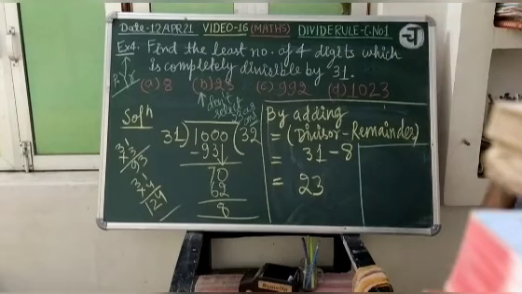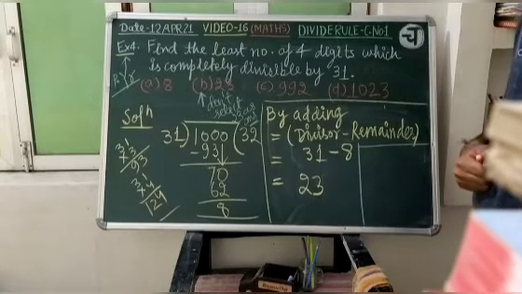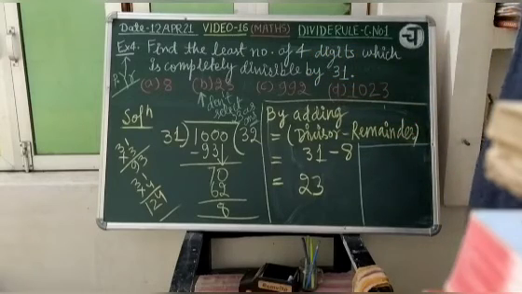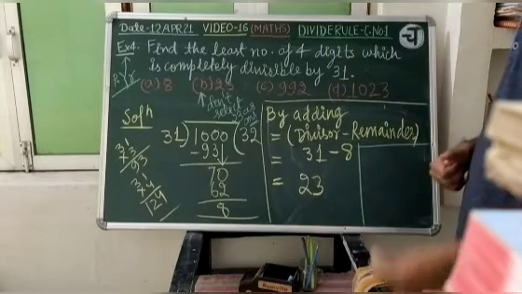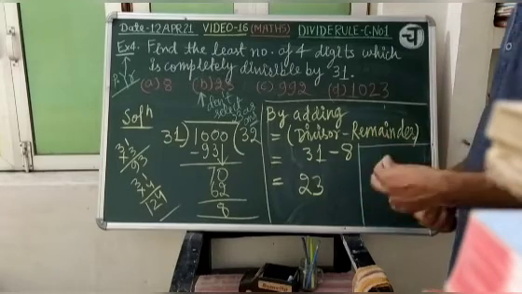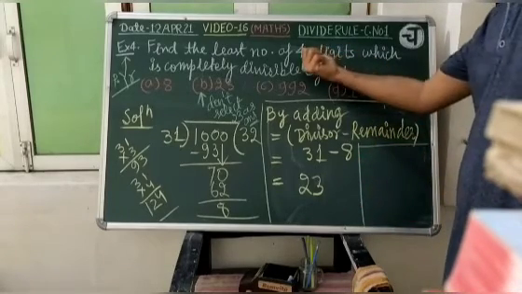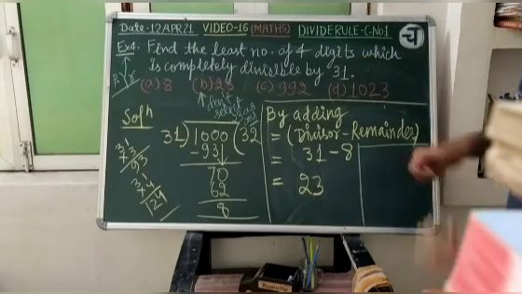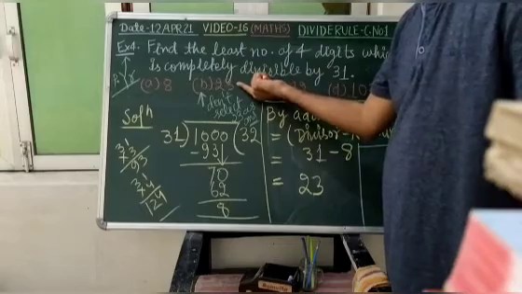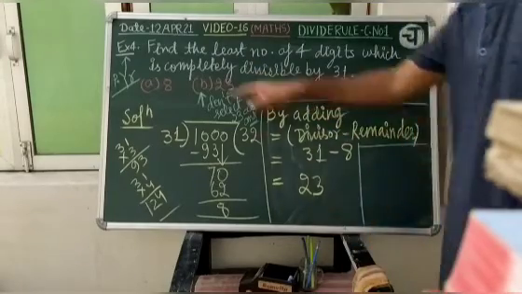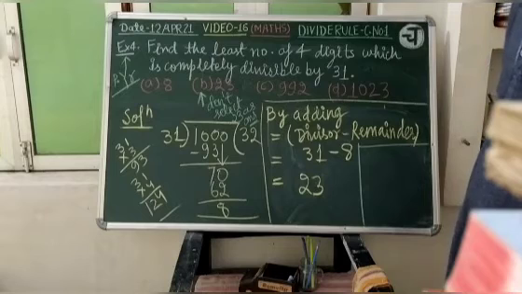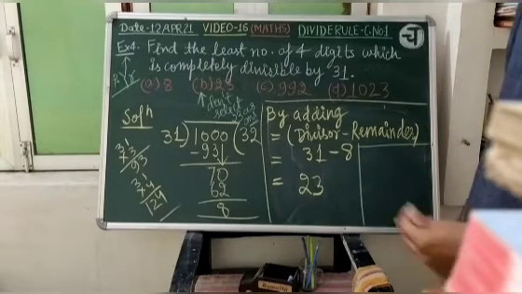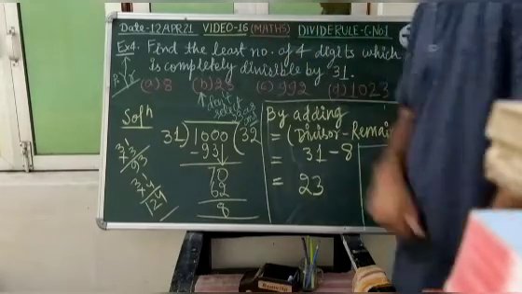If the question says to find the number which we should add to the least number of 4 digits to make it completely divisible by 31, then only you can select 23. But here the question is saying find the least number. They are not asking you to find the adding number or subtracting number. They are asking to find the number.